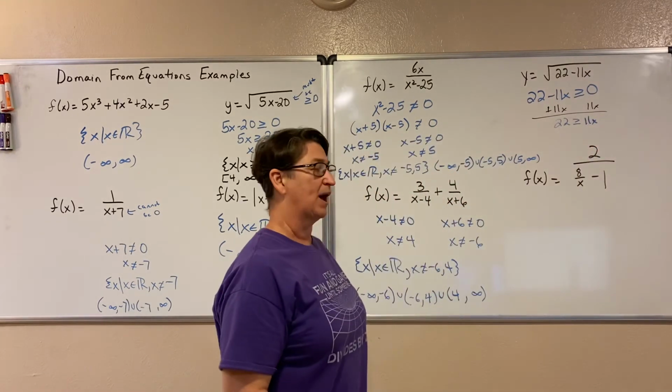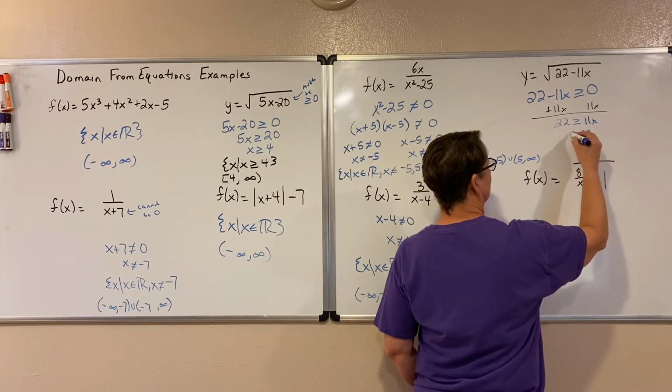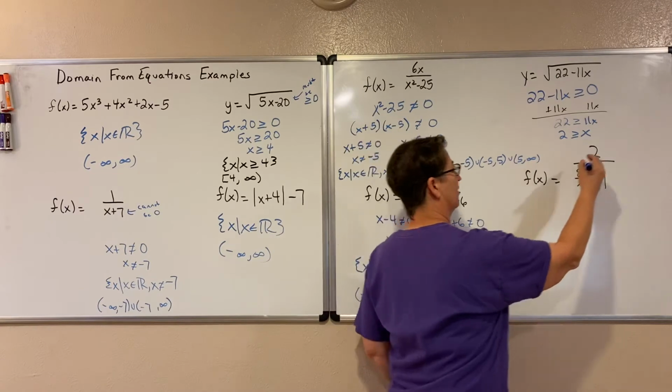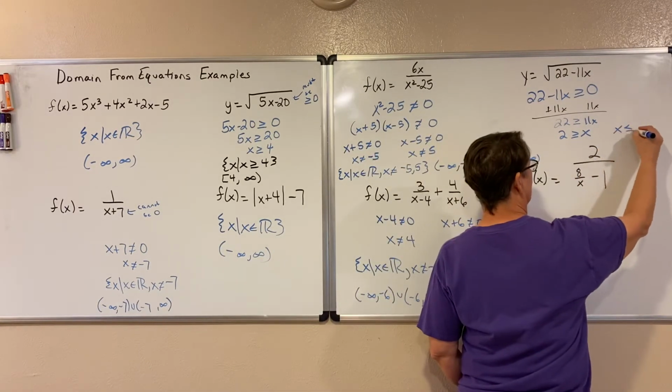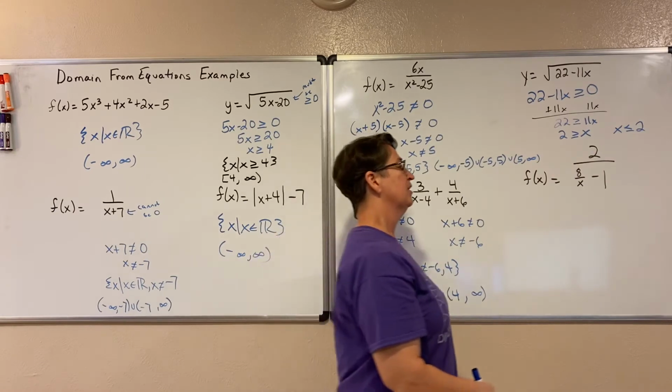Divide both sides by 11, and you have 2 is greater than or equal to x. Or you could turn that around and make it x is less than or equal to 2. These two things are the same thing.